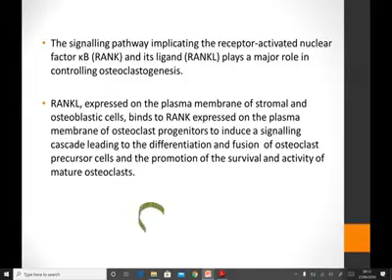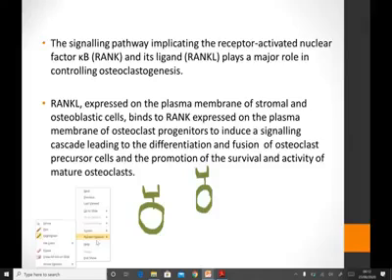So the osteoblastic cell and a stromal cell, both of them have on their plasma membrane a molecule, basically a receptor on their surface. Let me label it here. I'm sorry, I have to use a different color highlighter.